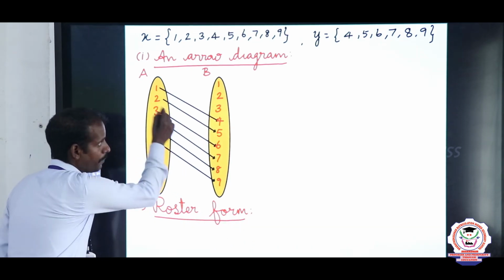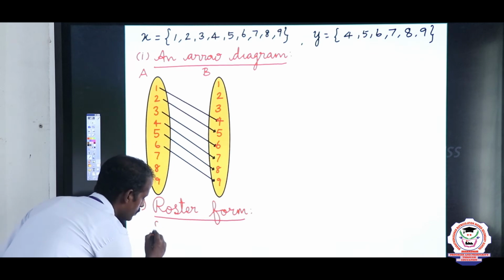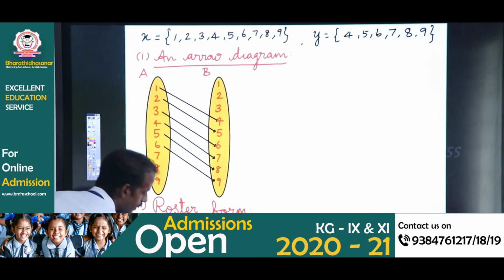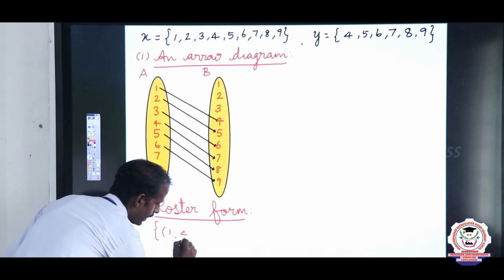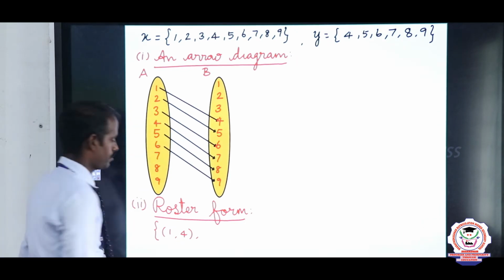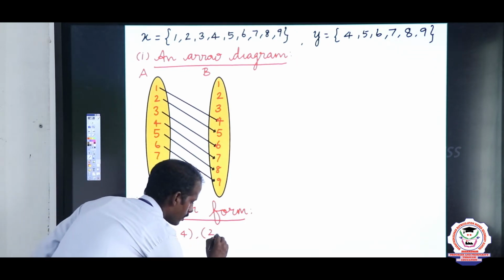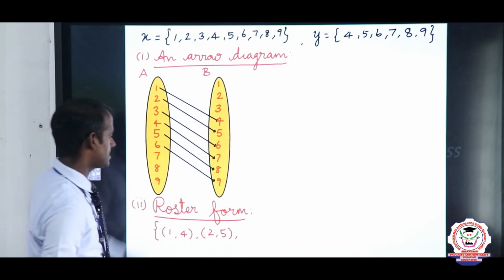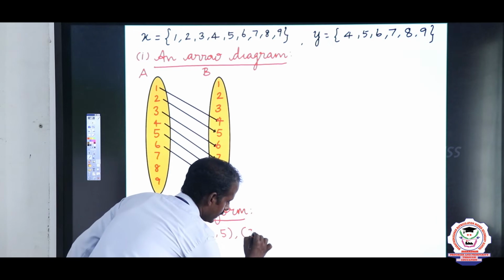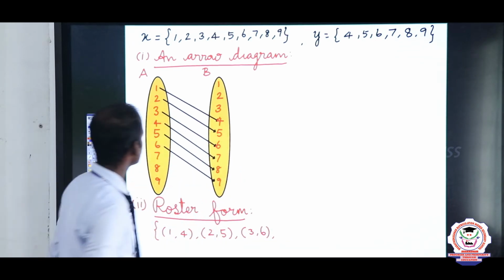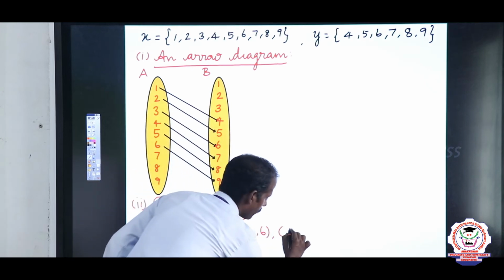First order of pair 1, 4, that is the roster form. So order of pair 1, 4. So 1, 4 is the first order of pair. So next element 2, 5. So 2, 5 is the second order of pair. So next 3 comma 6. So 3 comma 6 is the third order pair, and then 4 comma 7 is the fourth order pair.